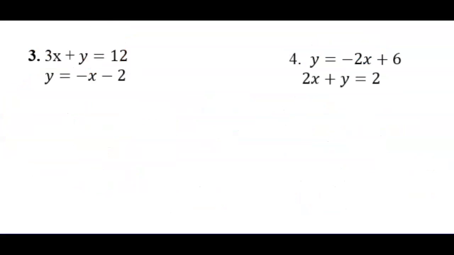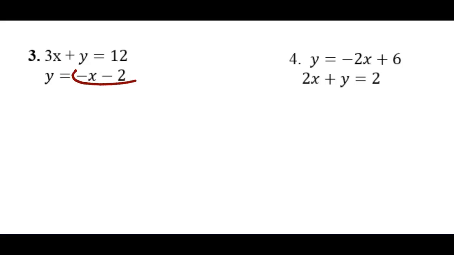I would like you to try number 3 on your own. Do I know my x equals or my y equals? Okay. Think about that. The whole thing has to replace the variable in the problem.